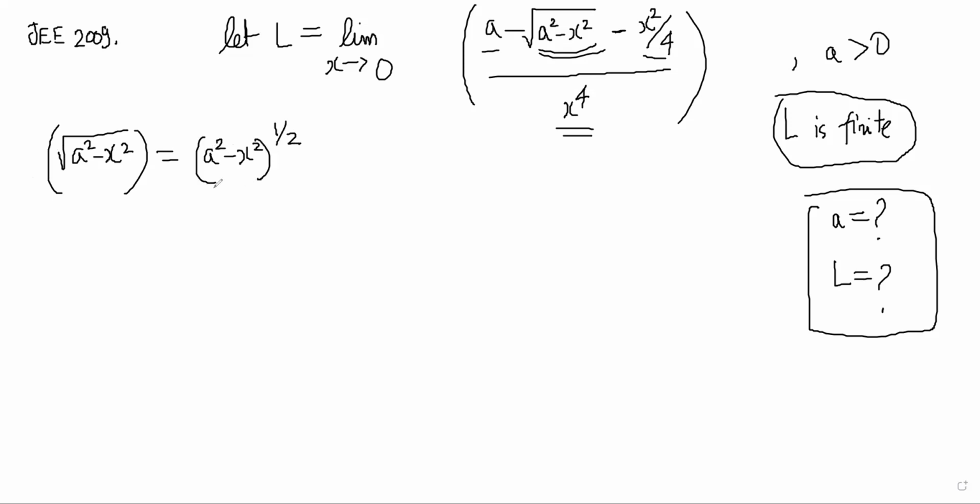What you can do is first take a square outside, a will come out after the root. So it will become 1 minus x square by a square to the power half. Now try to expand this as a binomial series.